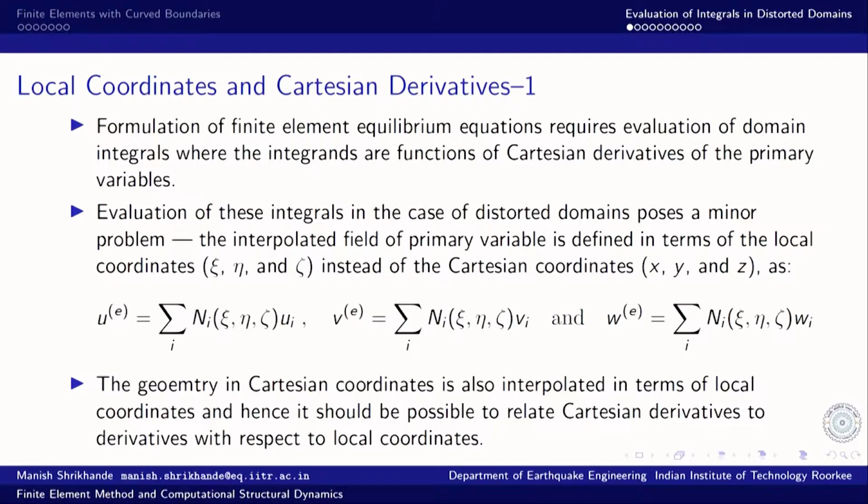So, the geometry in Cartesian coordinates is also interpolated in terms of local coordinates, and hence it should be possible to relate Cartesian derivatives to the derivatives with respect to local coordinates, because primary variables are defined in terms of local coordinates, Cartesian coordinates are defined in terms of local coordinates.